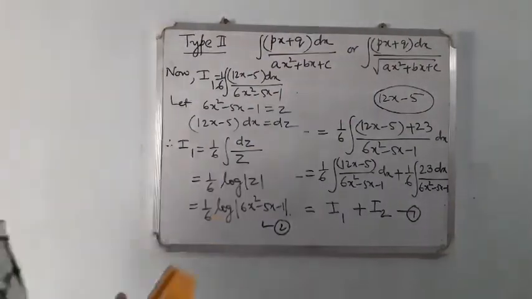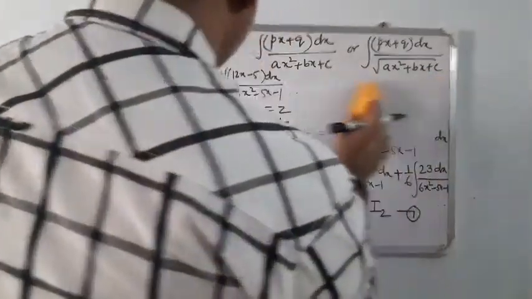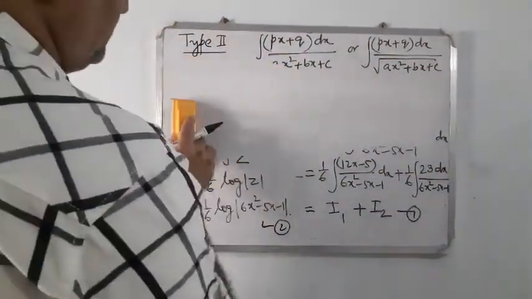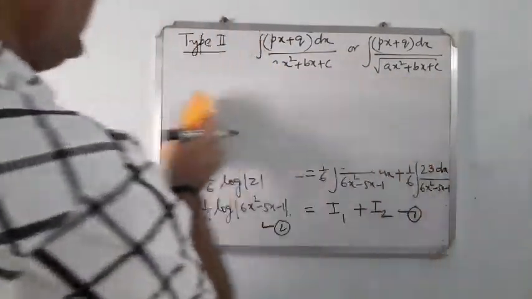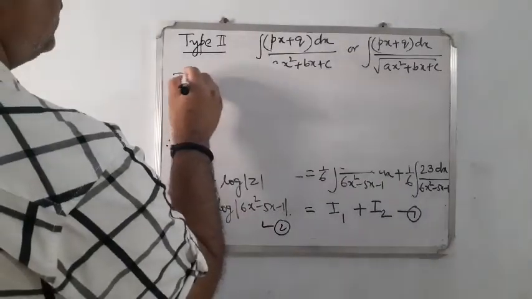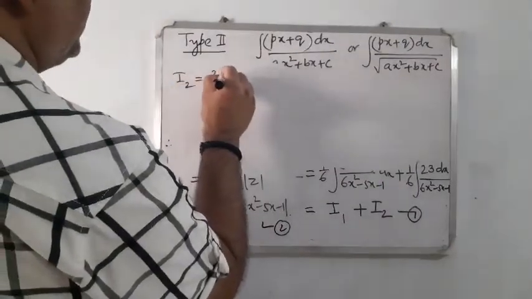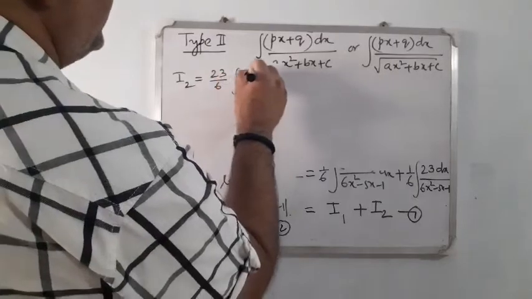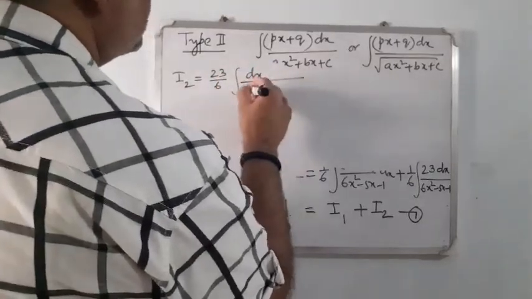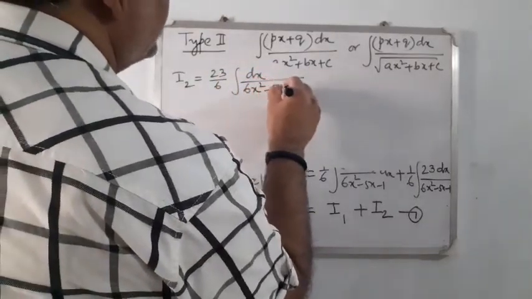Now we will try to find out the value of I2. I2 is equal to 23 by 6 integral dx by (6x² − 5x − 1).